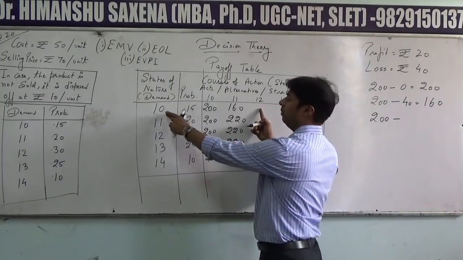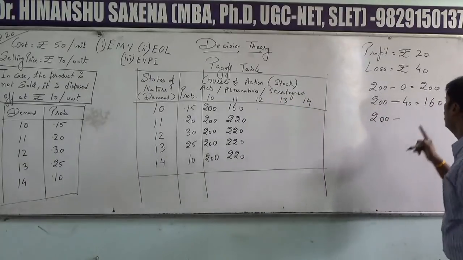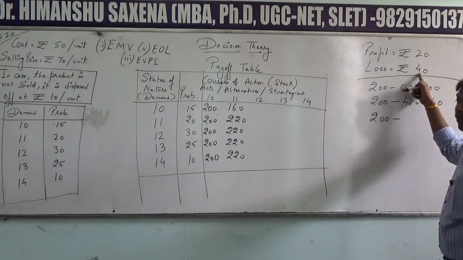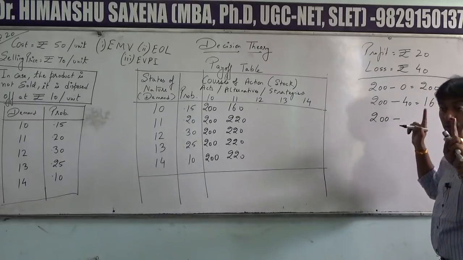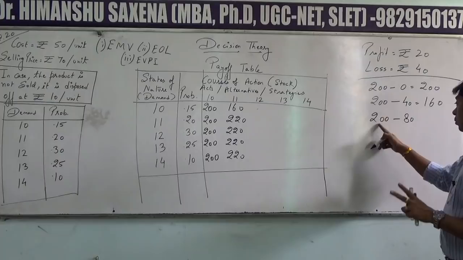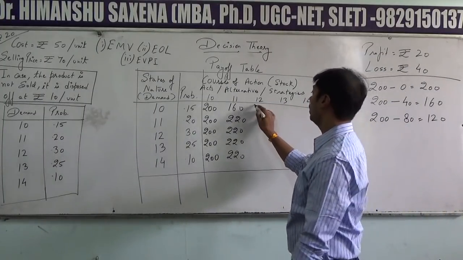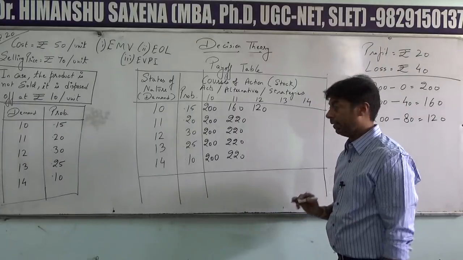Now from 12, if 10 are gone, how many units are remaining? 2. 1 unit is giving you a loss of 40. If you are left with 2 units, the total loss would be equal to 80. So 200 minus 80, the payoff will be equal to 120.